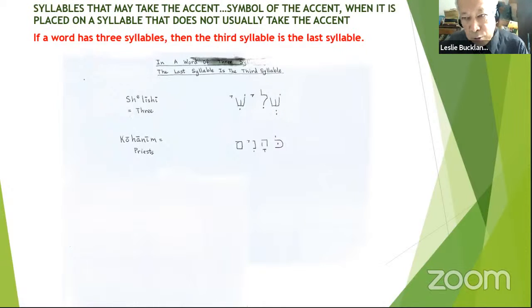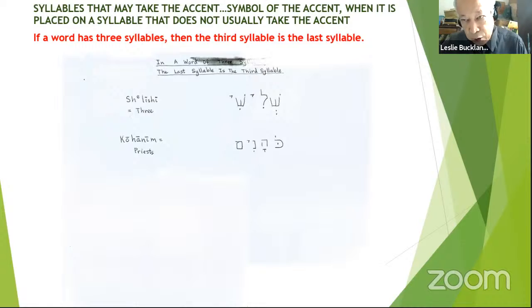But why I'm going through this is to let you understand you cannot just put down that the last syllable is the second syllable or the last syllable is the third syllable. The last syllable depends on the number of syllables in any given word.